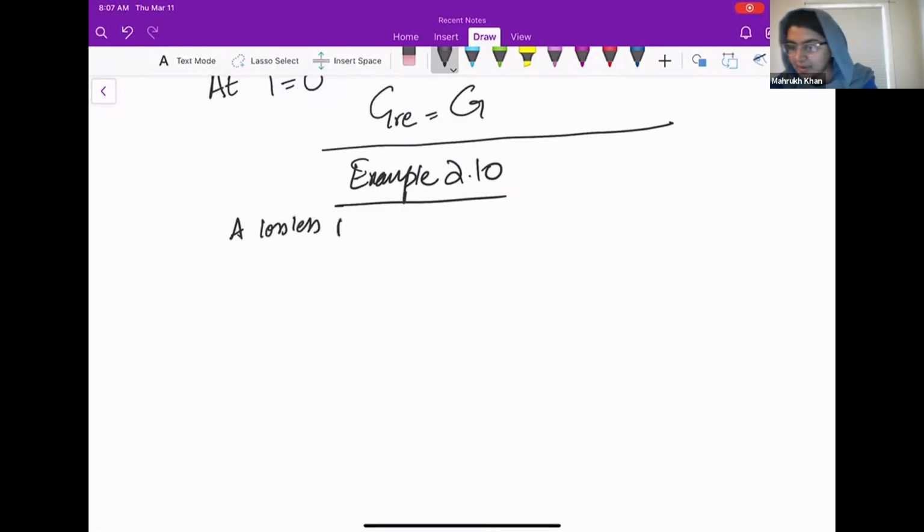another thing it mentioned is a lossless half wavelength dipole antenna. So what this lossless means, you will see that too.